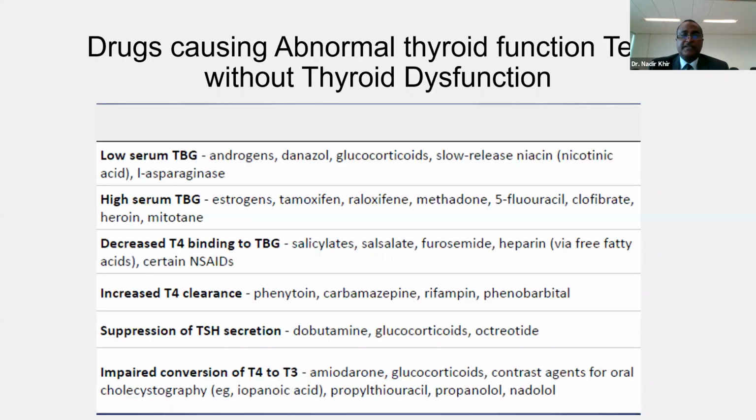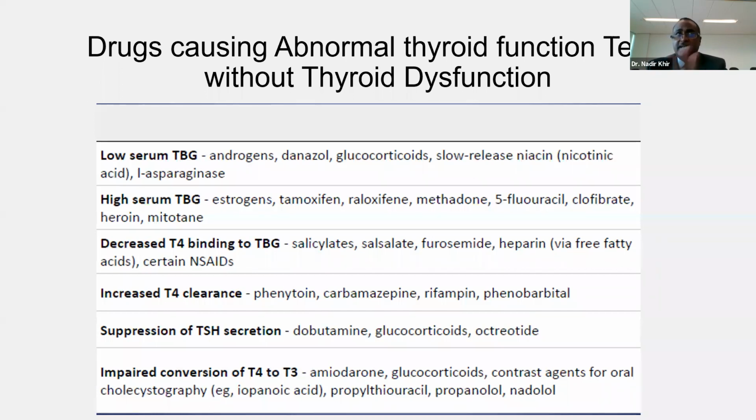This is another crowded slide showing you other types of medication and how they affect the thyroid. I don't advise any medical student or doctor to memorize everything here. It's just to have it in your background. If I have a patient with a very complex history, taking a lot of medications and with abnormal thyroid function tests, then I will look up this list.